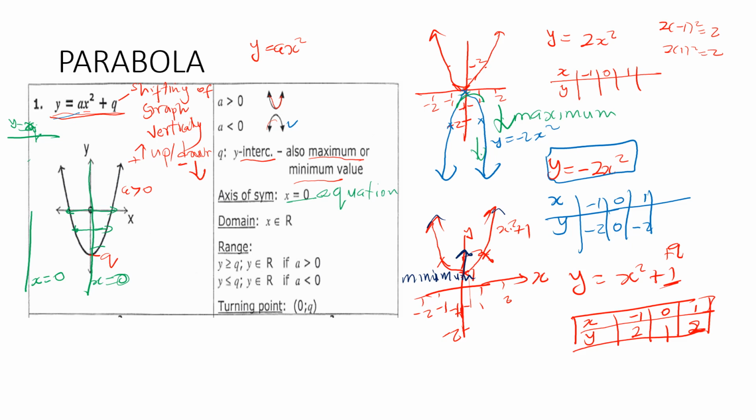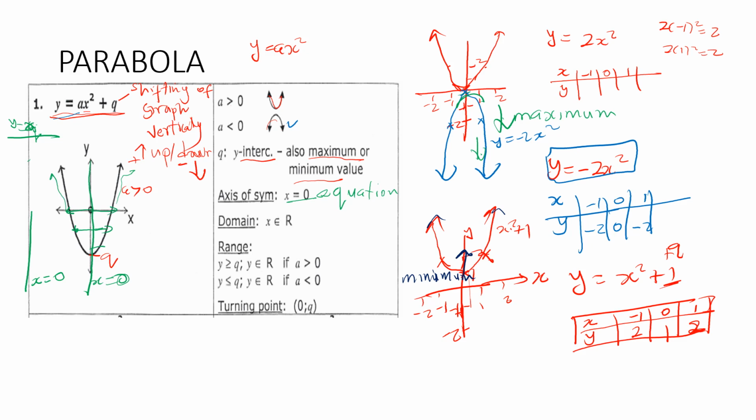Now when it comes to the domain, these are the x values where the graph does exist. So at any point this graph is going far to the right infinitely, and this is also going to the left infinitely.